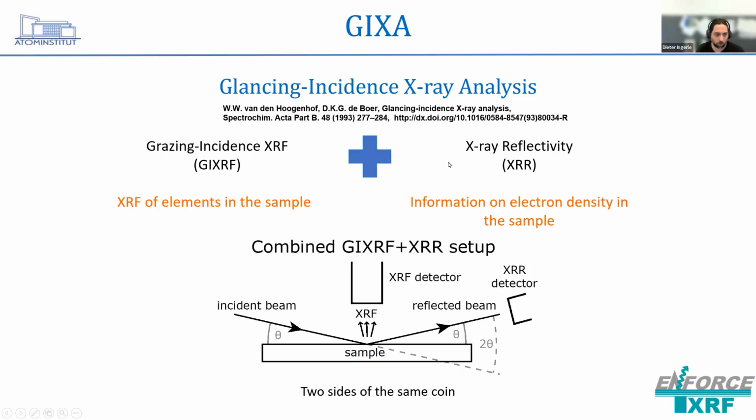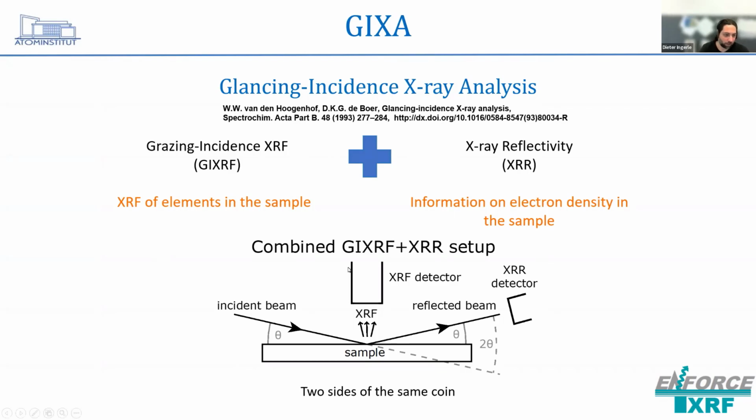different techniques, which come from a little bit different background historically, and it's a bit of a shame that it's still not established to use this more often, because the X-ray reflectivity is very good at giving electron density, but we have just a reflected beam, so we have no specific information about contaminations or composition of the sample, which is clearly visible, of course, in the fluorescence, where we get the characteristic lines of the elements in the sample, so we can directly see more or less what is in the sample, of course, up to a certain detection limit.